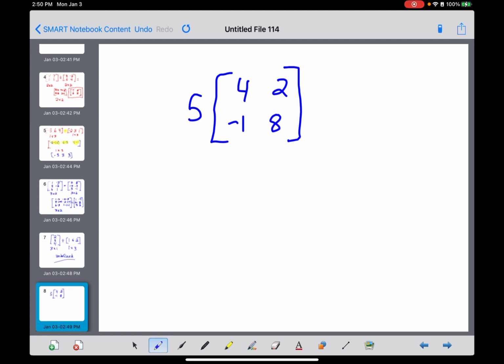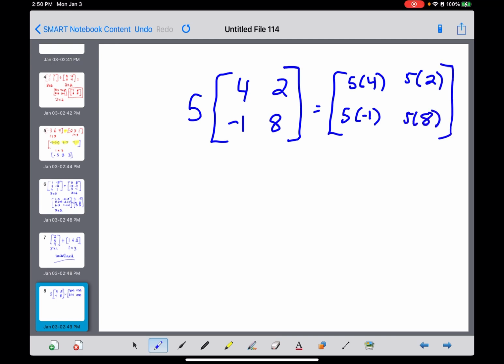So we're essentially making this matrix 5 times as big as it is right now. In order to do that, we are going to take that scalar, which is 5, and just multiply it by each of the elements, because each element in the matrix is essentially getting 5 times larger.